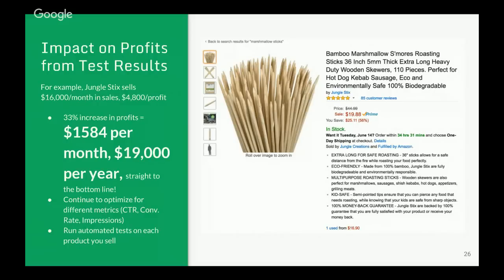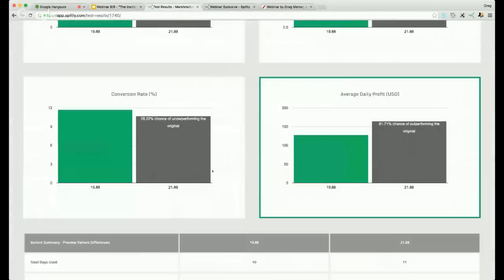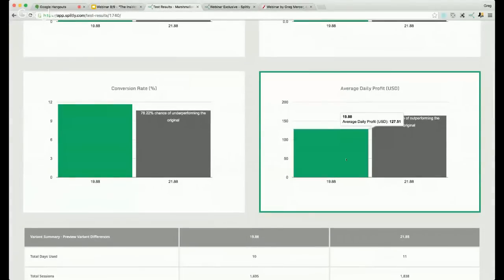And so right away, with Splitly, it's like, okay, let's start split testing the marshmallow sticks. If you go on Amazon right now, you'll see that they're no longer priced at $19.88. They're priced at $21.88. And this amazed me and frustrated me a little bit at the same time, because by increasing it $2, when we were running this test, I went from profiting $127.51 to like $164.